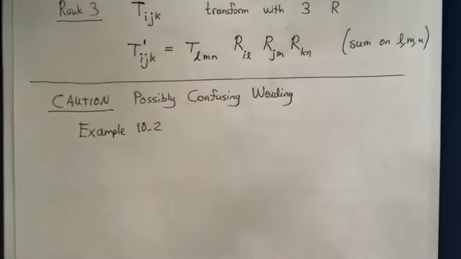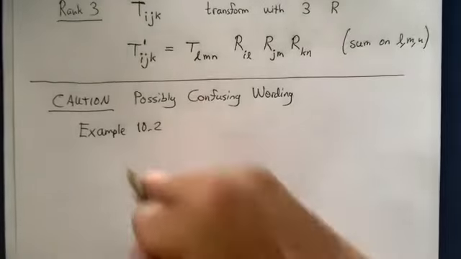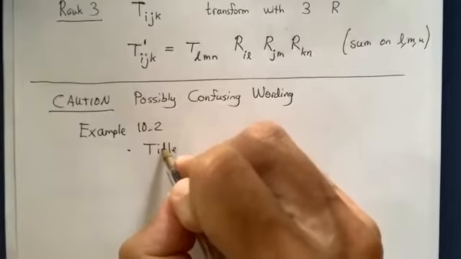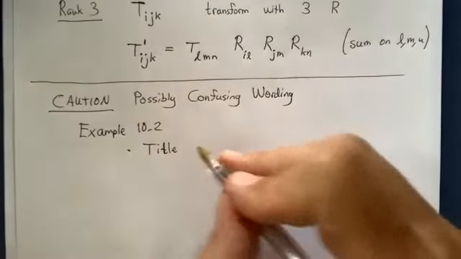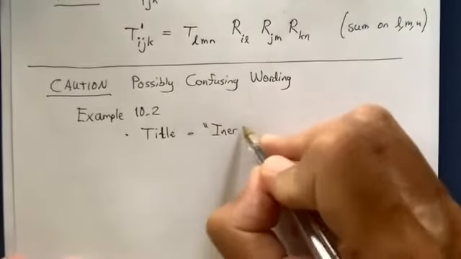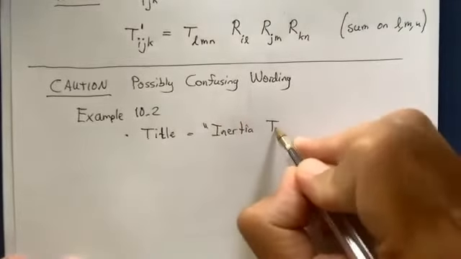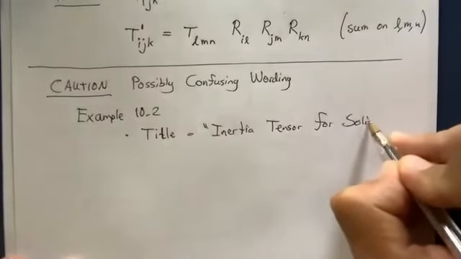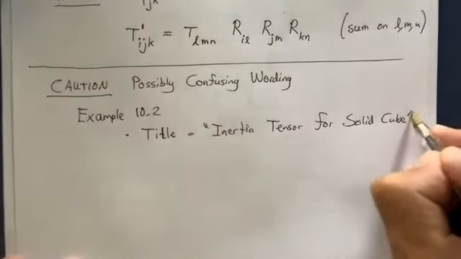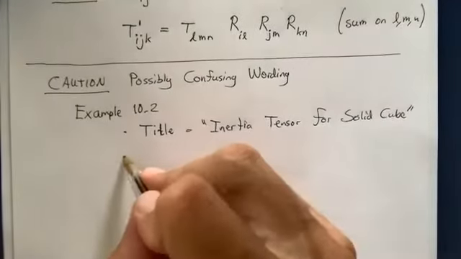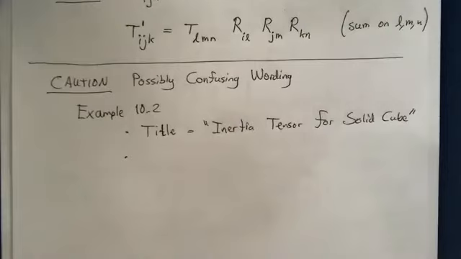The title is Inertia Tensor for a Solid Cube. It contains the following phrase, and here's the problem.